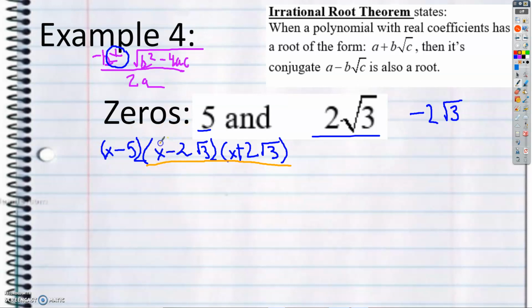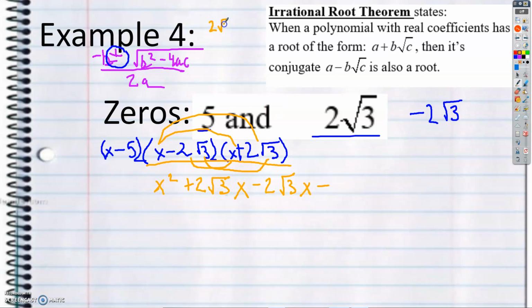So what I mean by that, and I'll show you, is x times x is x squared. x times a positive 2 square root 3 is 2 square root 3 times x. And then negative 2 square root 3 times x is negative 2 square root 3x. And then we have negative 2 square root 3 times a positive 2 square root 3. So that's going to be a negative.